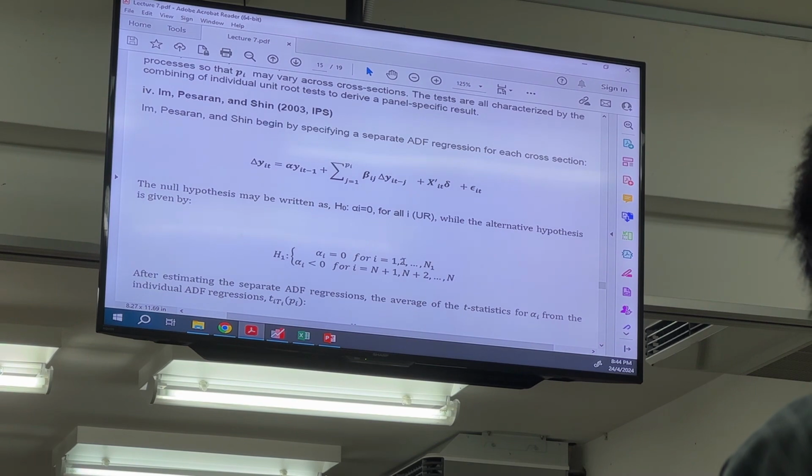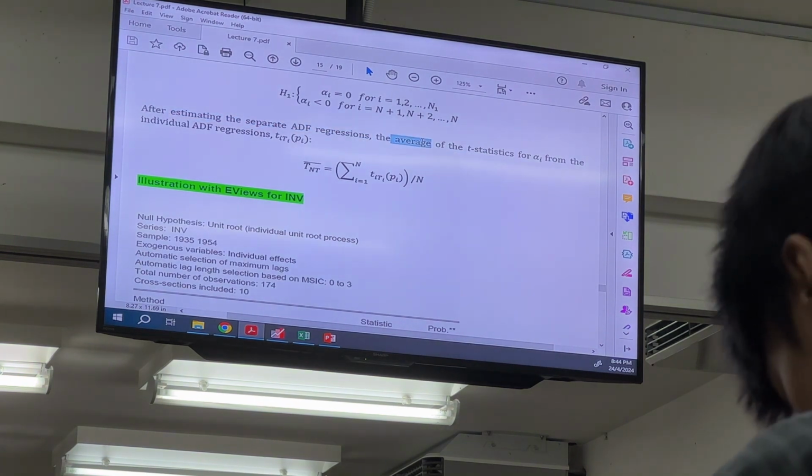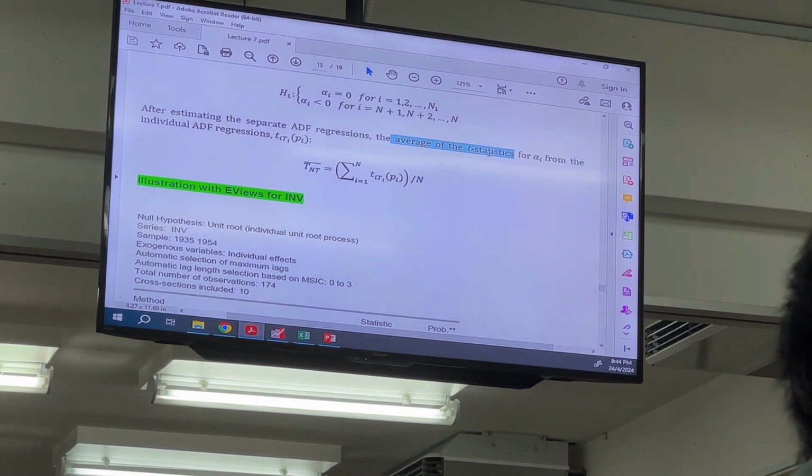It's not equal to 0, which means stationary as a H now. After we estimate the 10 ADF regressions, the IPS test only calculates the average test statistic.